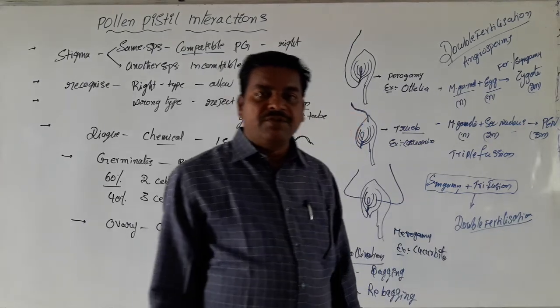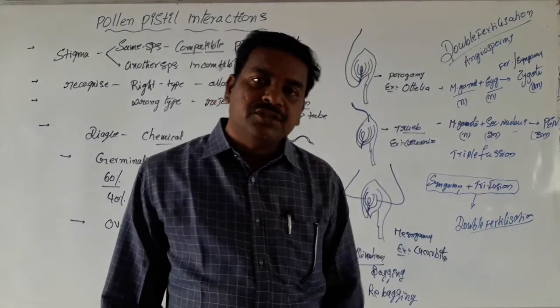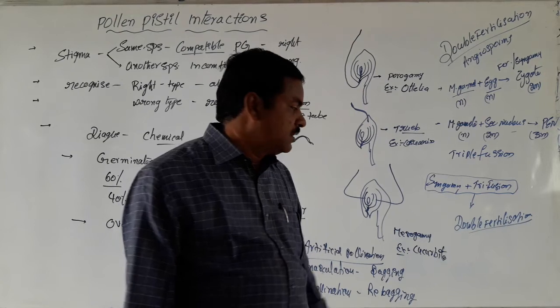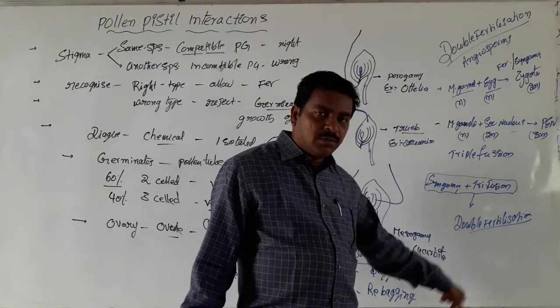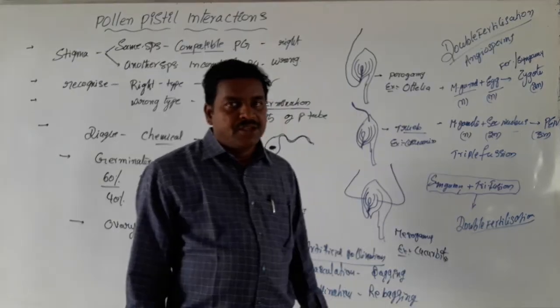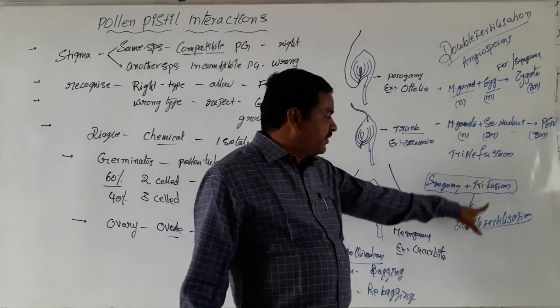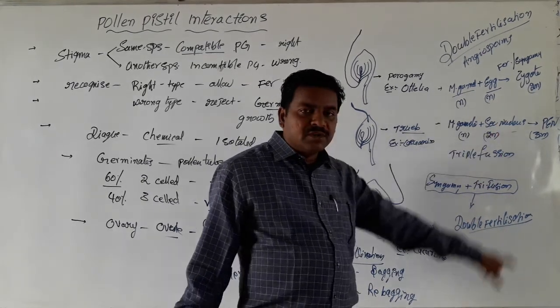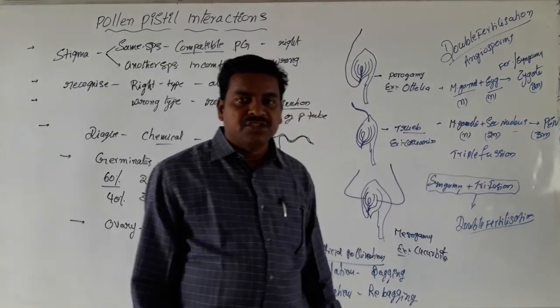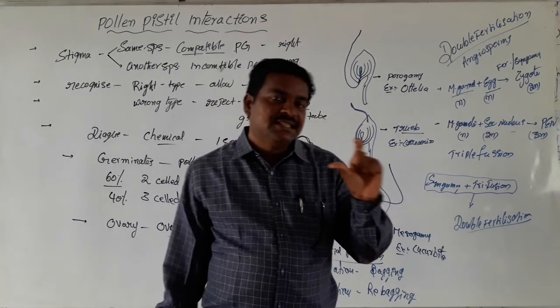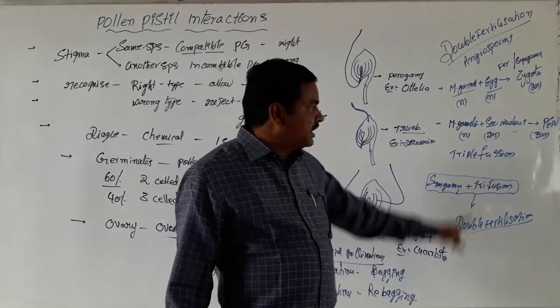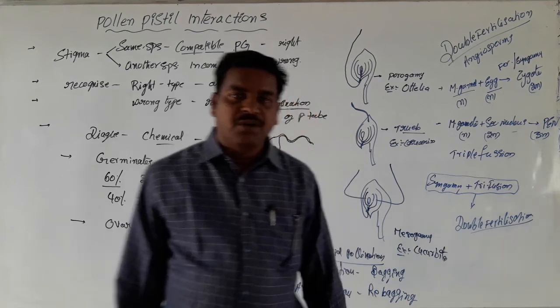Such participation of two male gametes in two different fusions in angiosperms is considered as double fertilization. As a result of double fertilization, the primary endosperm nucleus is formed. This primary endosperm nucleus is the initial cell for the development of the endosperm.